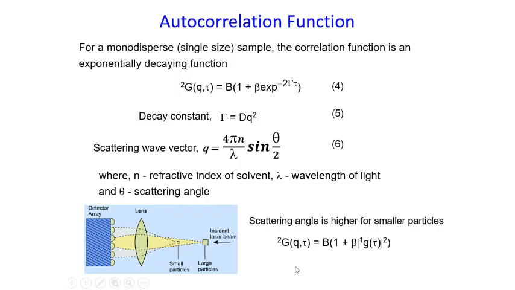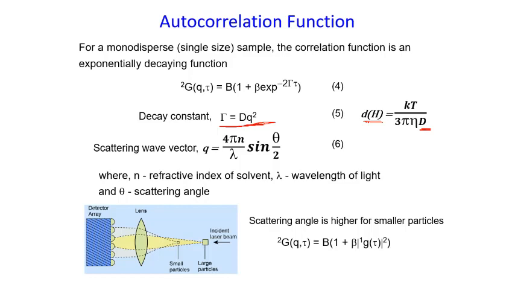So to summarize, we can say that the translational diffusion coefficient D, which is obtained by this autocorrelation analysis, can be simply put into the Stokes-Einstein equation here to derive the particle size.